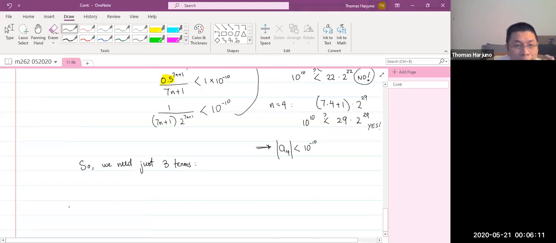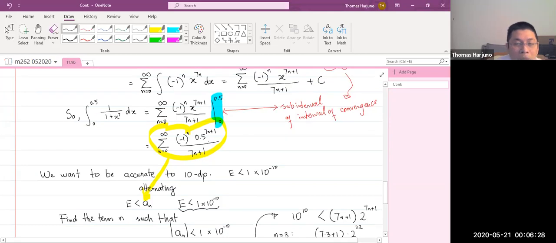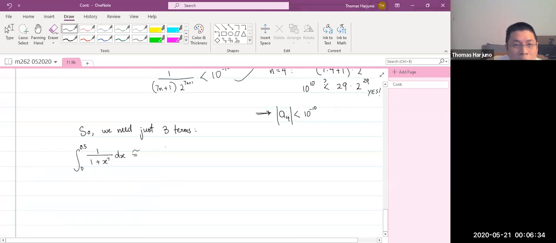So basically the integral from 0 to 0.5 of 1 over 1 plus x to the 7 dx can be approximated by this series, but up to 3 terms. Can be approximated by that series from n equals 0 up to the third term of negative 1 to the n, 0.5 to the 7n plus 1 over 7n plus 1.